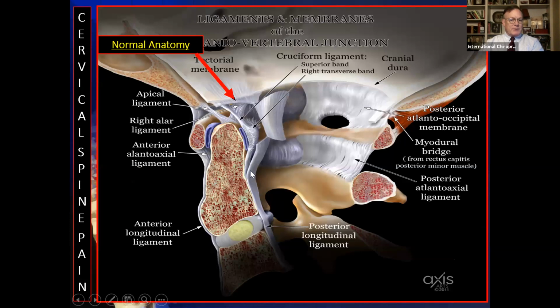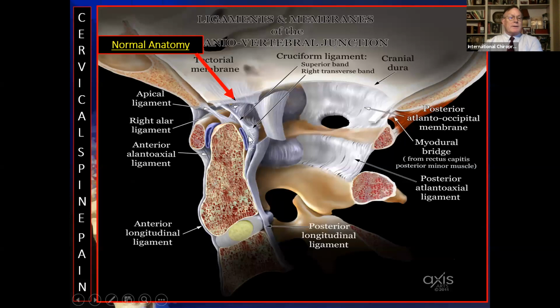Well, it's still the posterior longitudinal ligament, but for some reason, it is now termed tectorial membrane, which underestimates it. It's just a membrane. It is one tight little structure. And also, when you cut them in a cadaver, the flexion check is gone. So it's extremely important in maintaining normal amounts of flexion, the tectorial membrane.